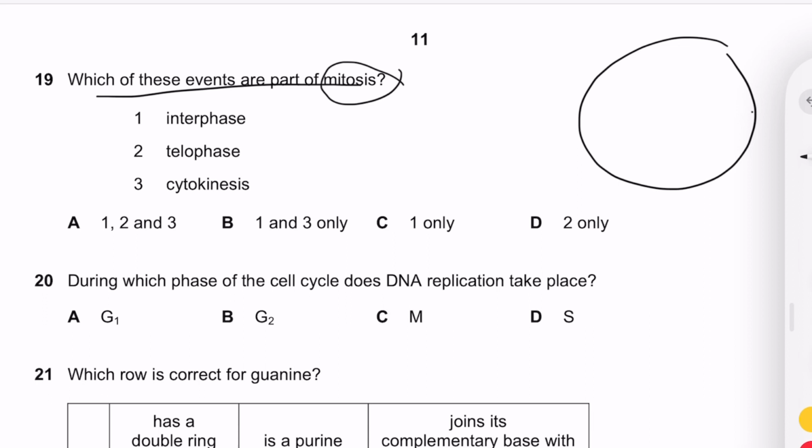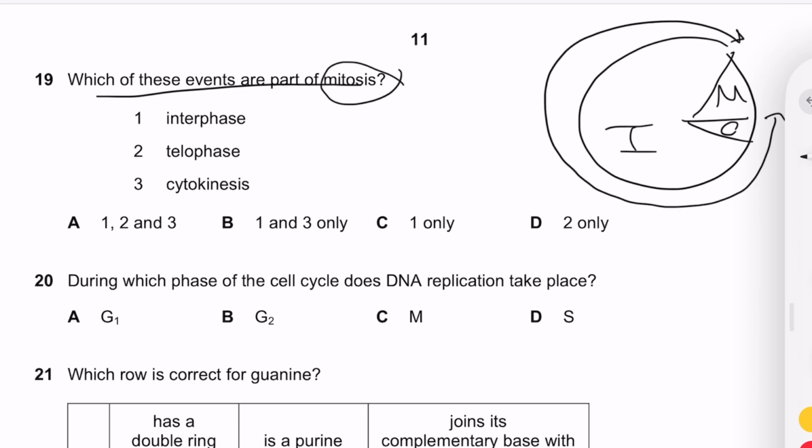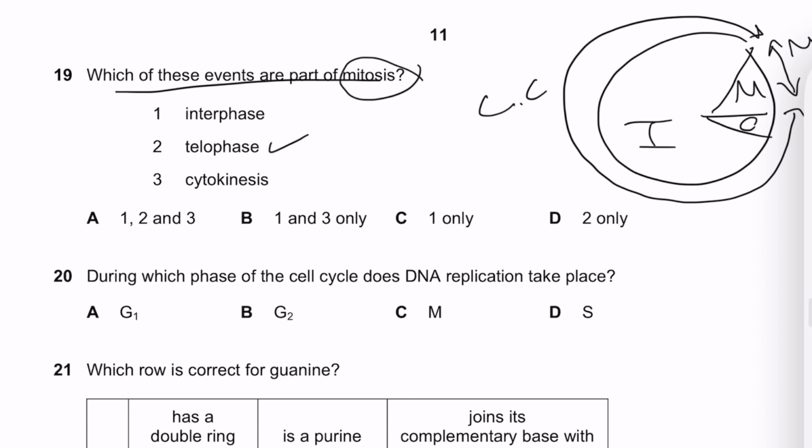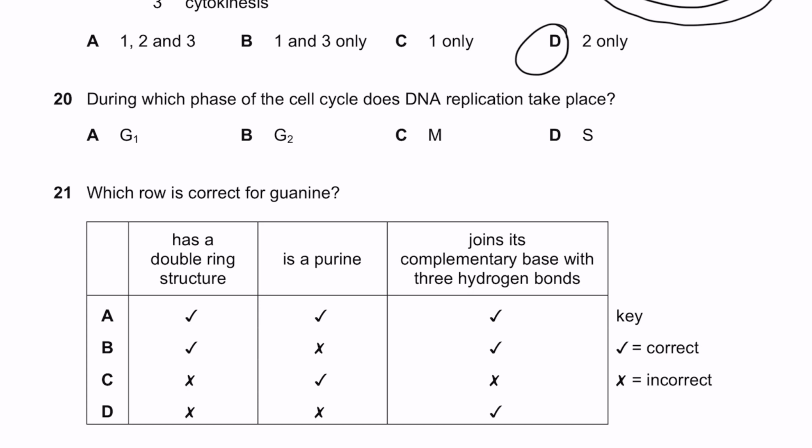So again, if I draw this right here, this is interphase, this is mitosis, this is cytokinesis. The cell cycle is from here to there. This is the mitotic cell cycle, in other words, it's mitosis. So mitosis will only include telophase. That's D.